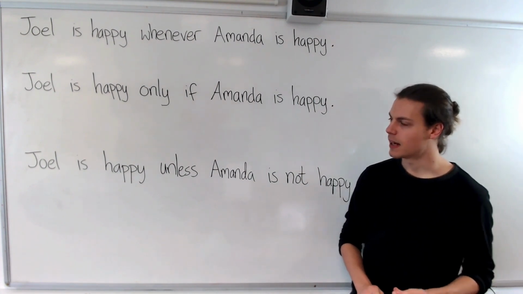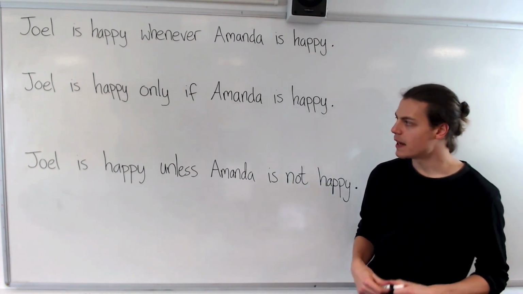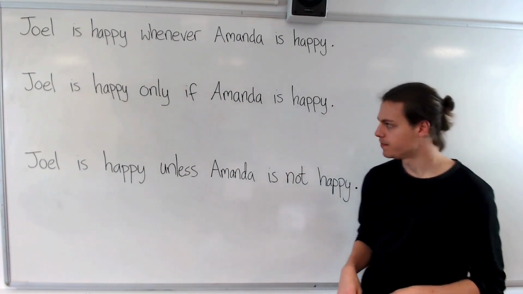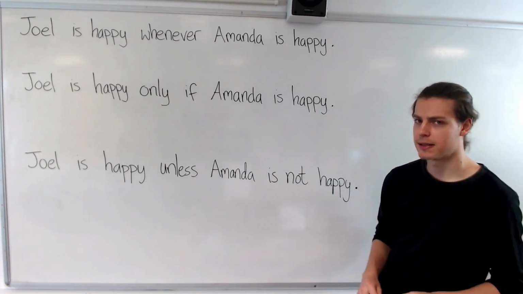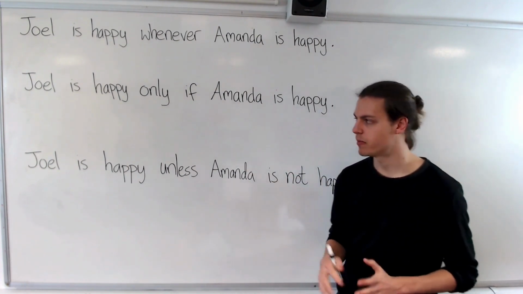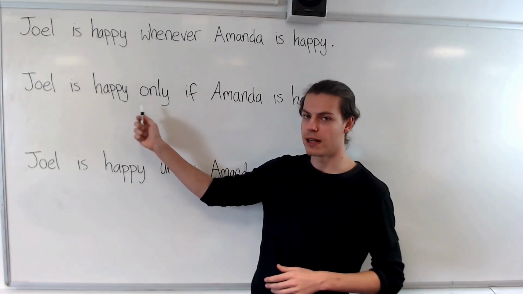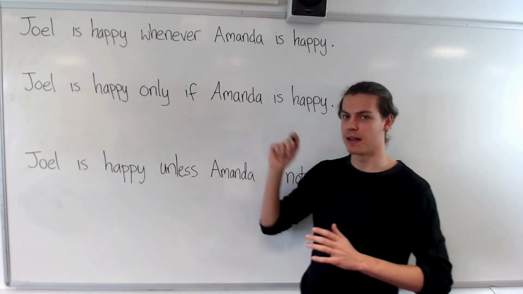Okay, let's look at our second statement. Joel is happy only if Amanda is happy. Okay, so this is different. In this case, if Amanda is not happy, then Joel is not happy, because Joel is only happy if Amanda is happy.